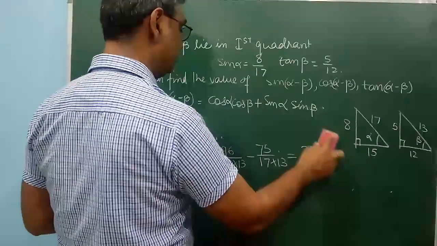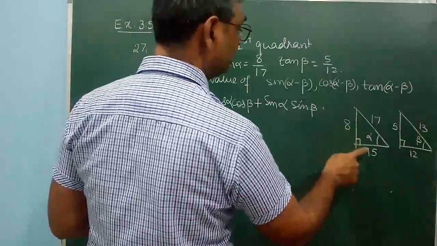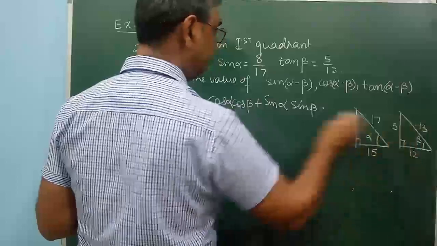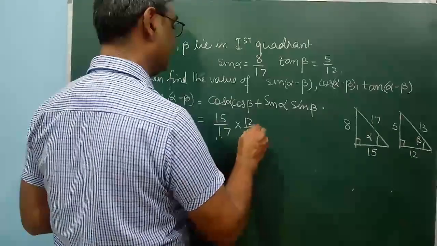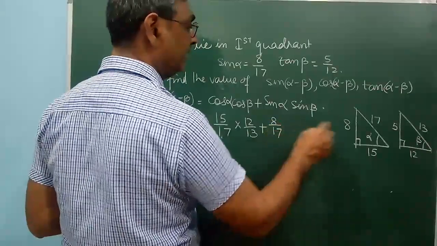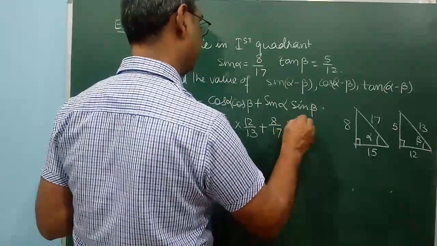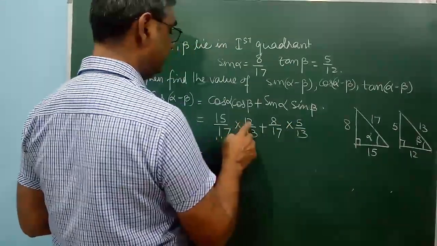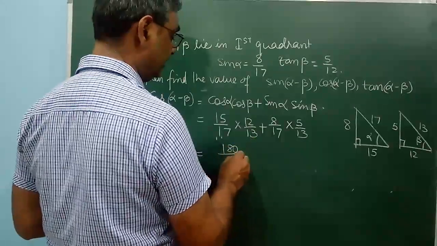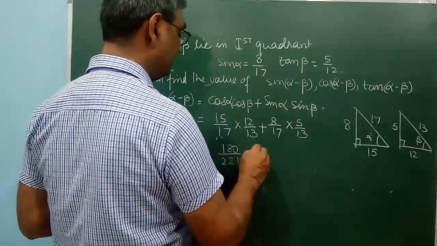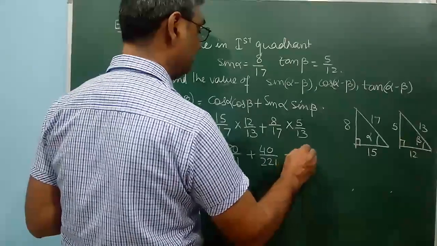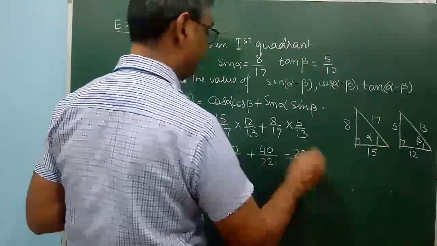Now we can put in these values: cos alpha is 15 by 17, cos beta is 12 by 13, plus sin alpha 8 by 17, and then here 5 by 13. How much will it be? It will be 180 upon 221 plus 40 upon 221, and it is 220 upon 221.